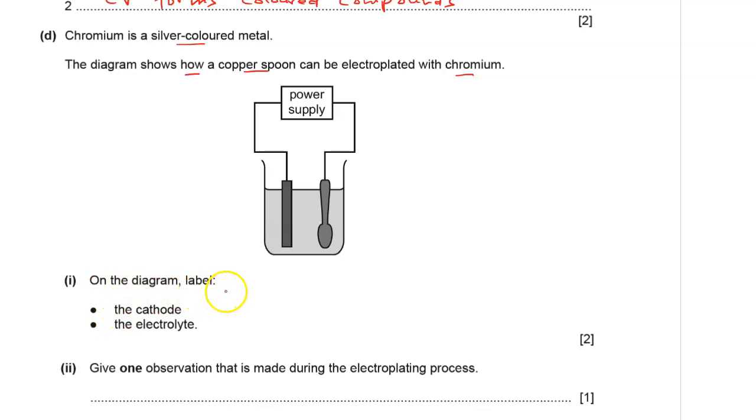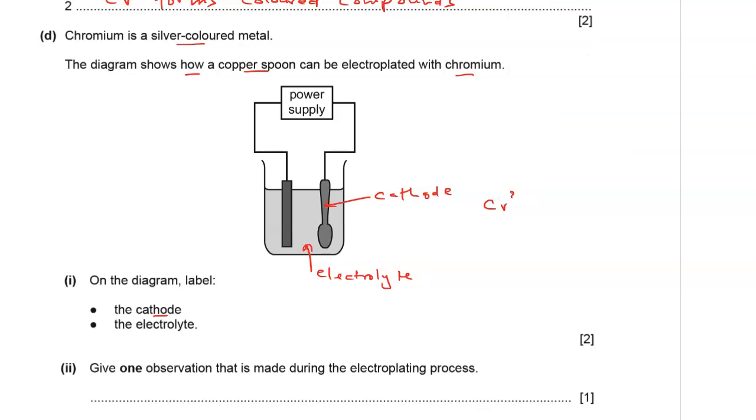On the diagram, label the cathode and the electrolyte. This is the electrolyte. And the cathode, where the chromium will be discharged, will be the spoon. This is the cathode. Remember, chromium will be discharged at the cathode.